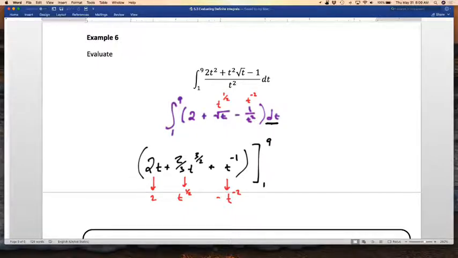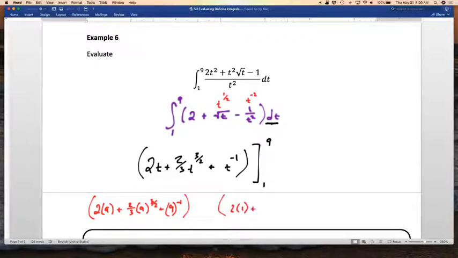So now to evaluate. To evaluate, we plug in the upper limit for t, and we plug in the lower limit, and we take their difference.